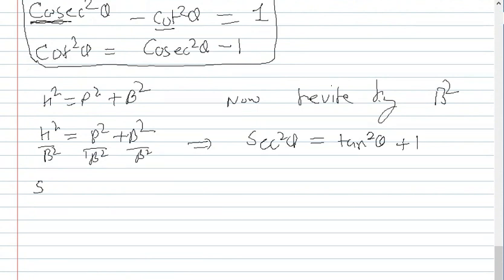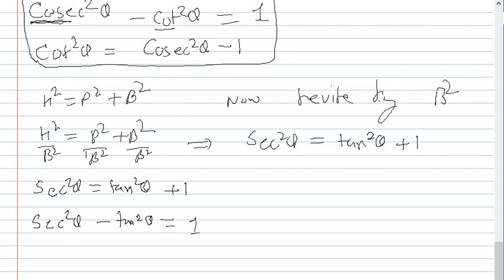Let me write it again: sec square theta is equal to tan square theta plus 1. Now rearranging this, sec square theta minus tan square theta is equal to 1.